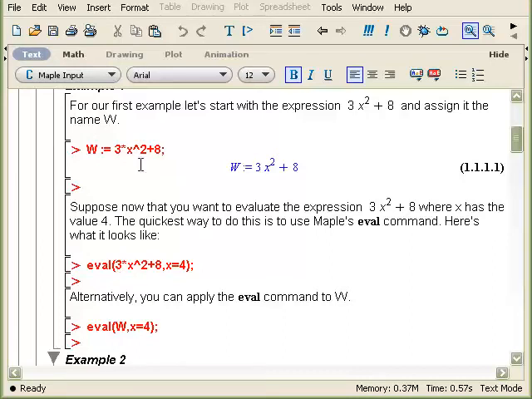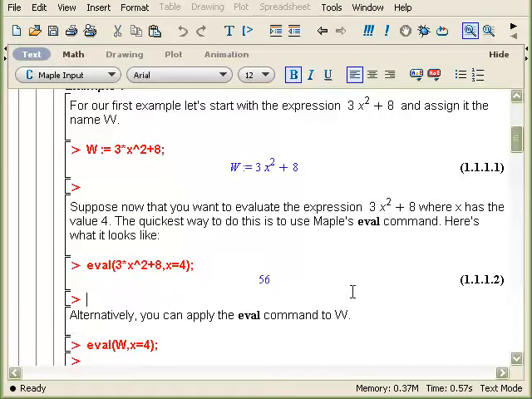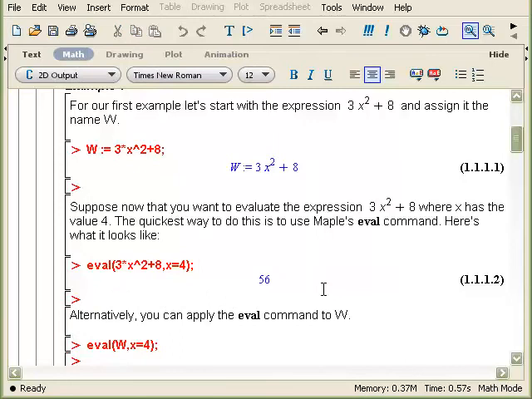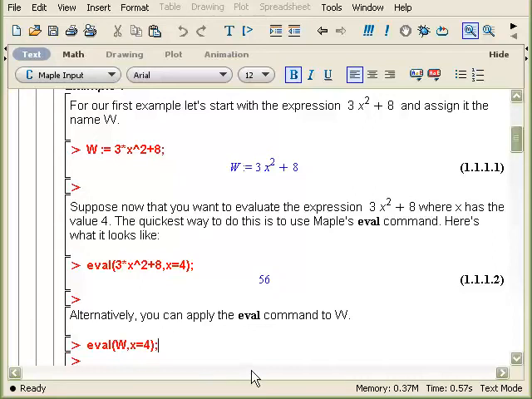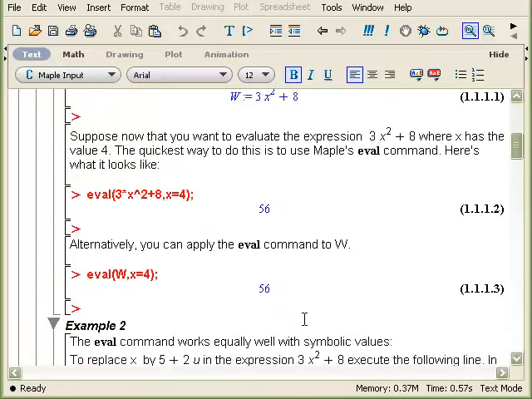There are two ways to calculate this kind of equation value. One way is we type the whole equation, comma, X equals 4. So we are looking for the result when X is 4. That's the command, right? Then it will give us 56. But if you already have an assigned letter for that whole equation, all you need is that letter, comma, X equals 4, and it will give us exactly the same answer.